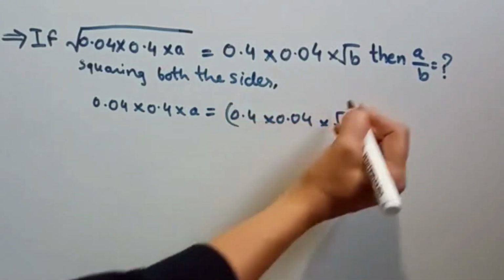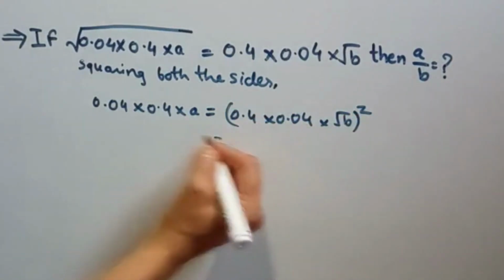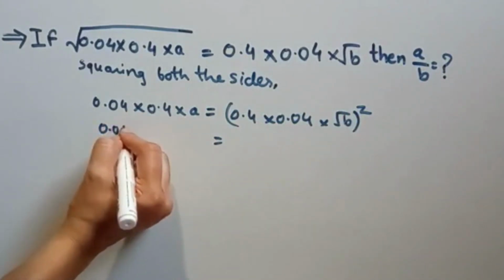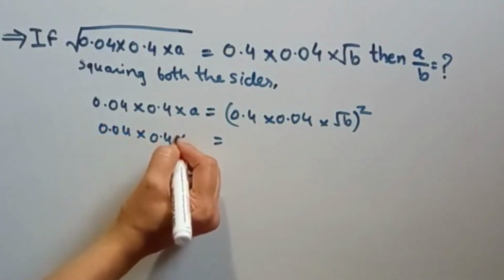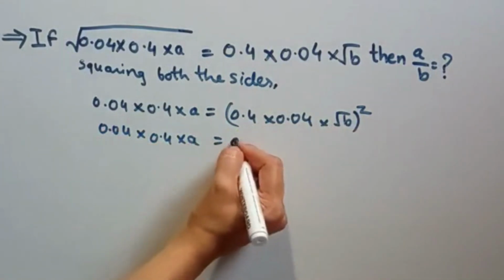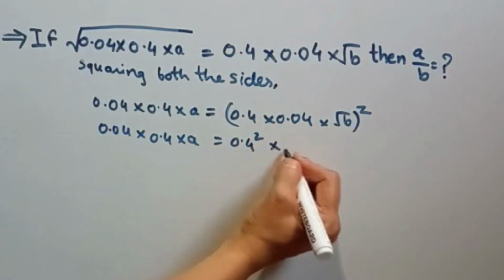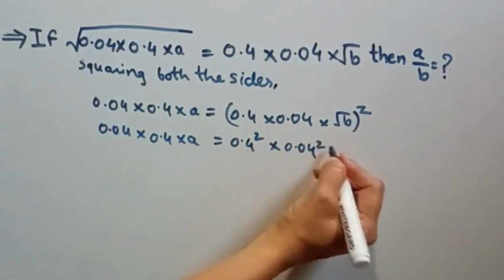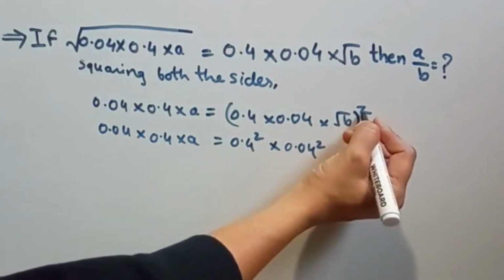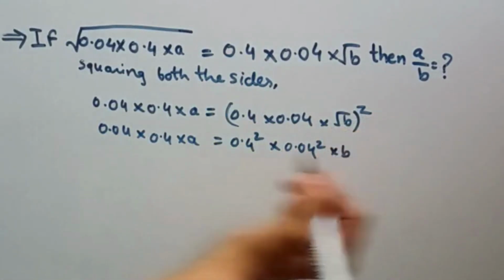And this square, so this will remain as it is, and this term will become 0.4 square into 0.04 square, and this root sign will get cancelled with the square, so this will become b.